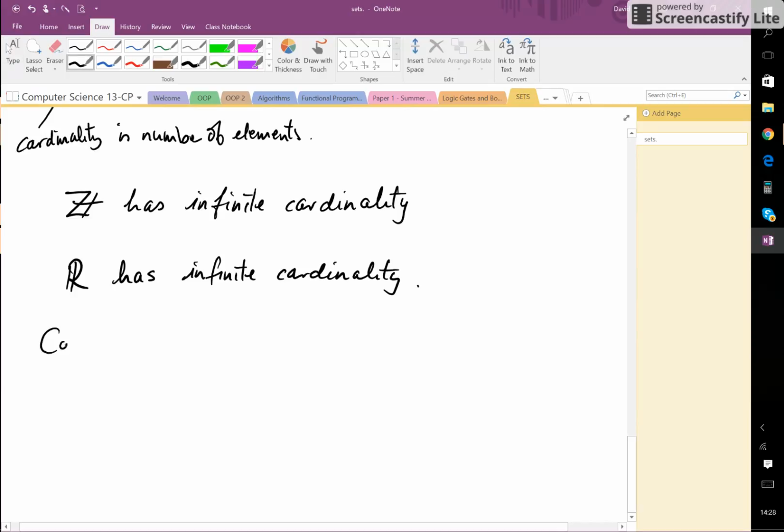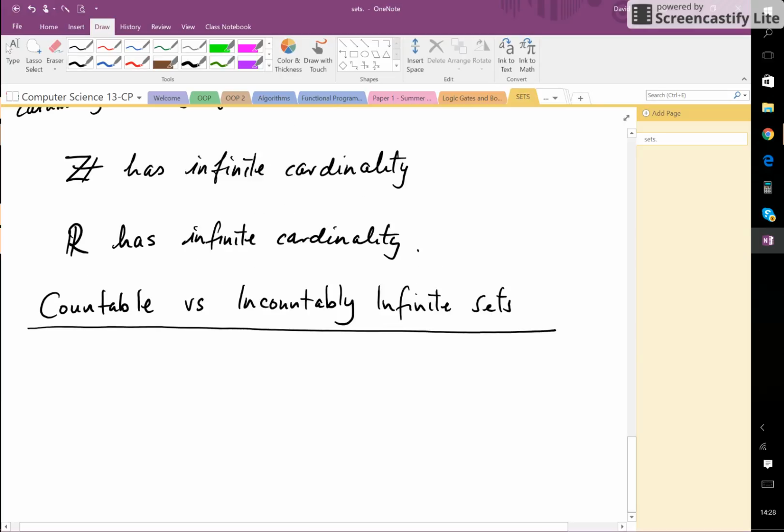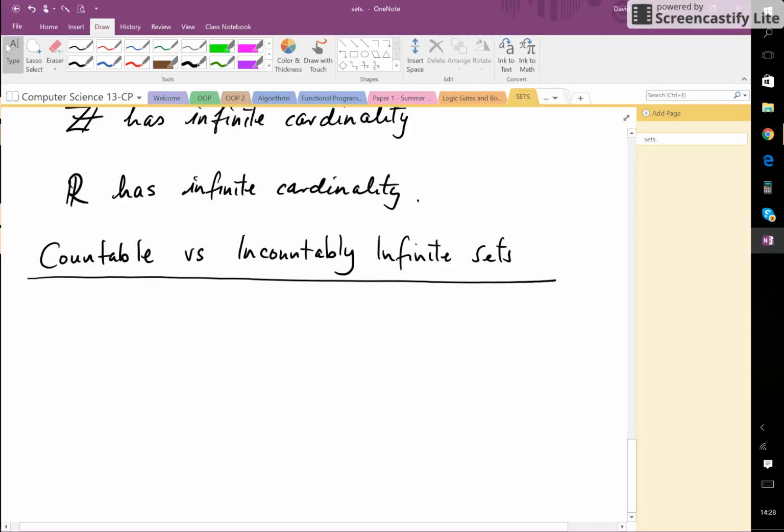something called countably infinite versus uncountably infinite sets. If you can basically count them off one by one, then a set is countably infinite.